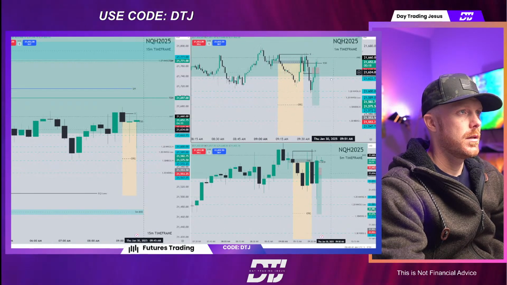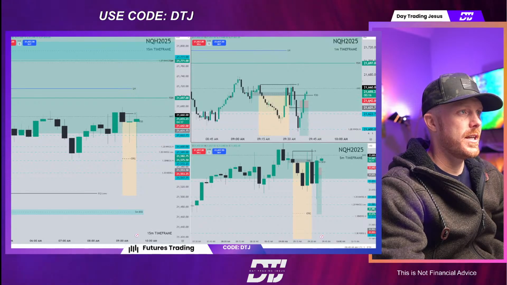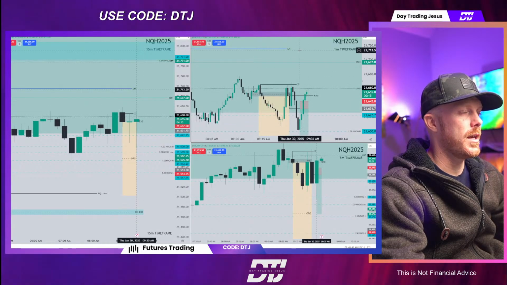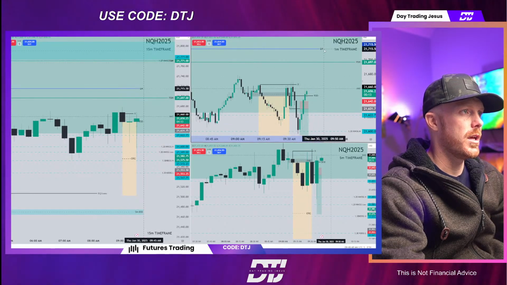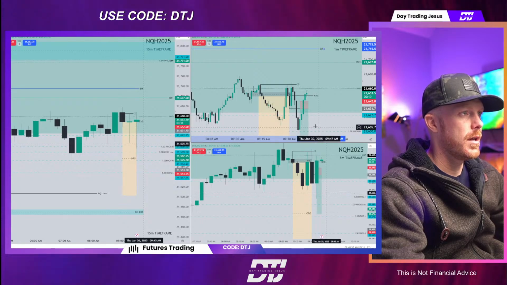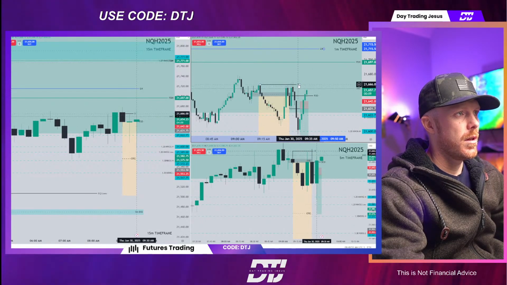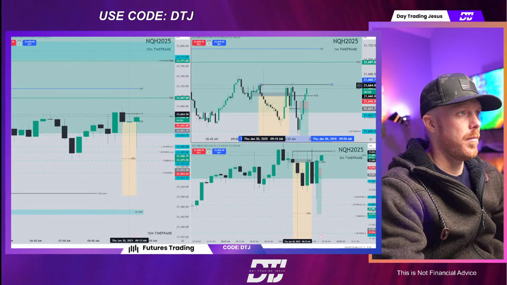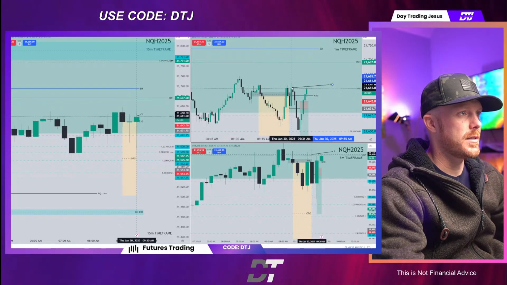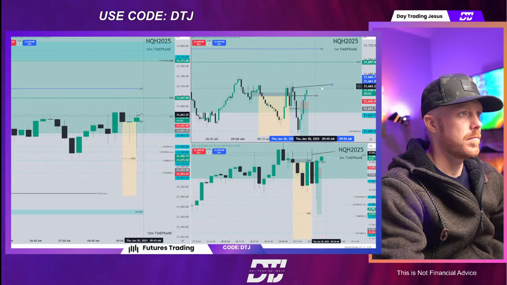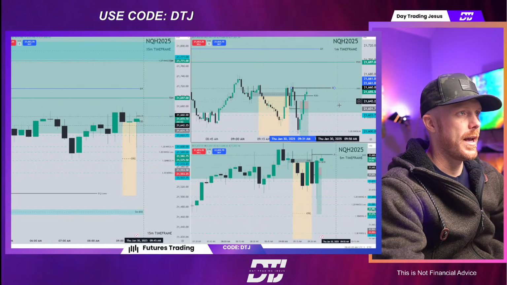But yes, if we start seeing aggression to the upside, I can use the London high as my draw on liquidity and use this level here as my breaker, which is right at the midnight open.